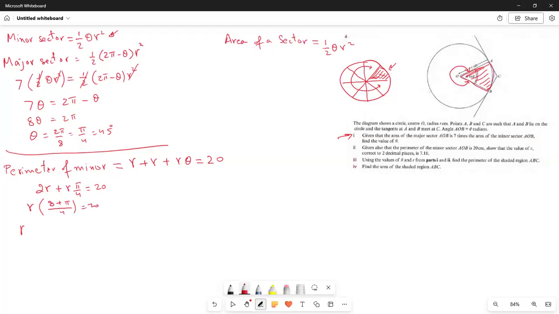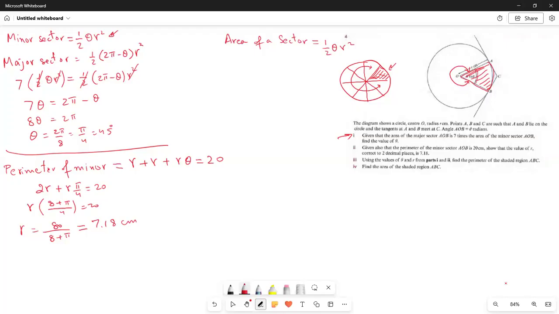So r is equal to 80 divided by 8 plus pi. Okay, 80 over 8 plus pi. And this comes out to be 7.18 centimeters. So this is our part 2.